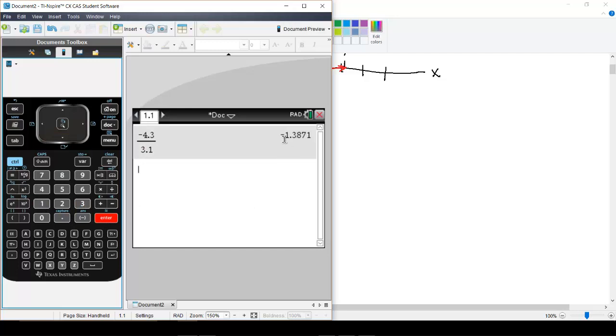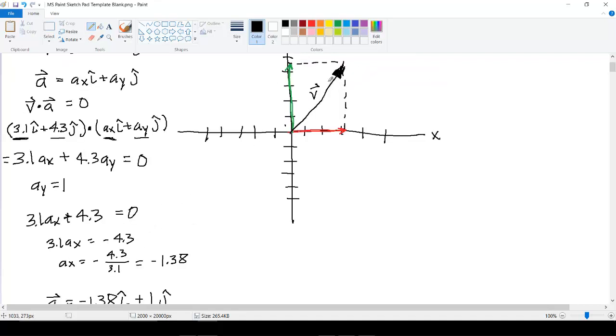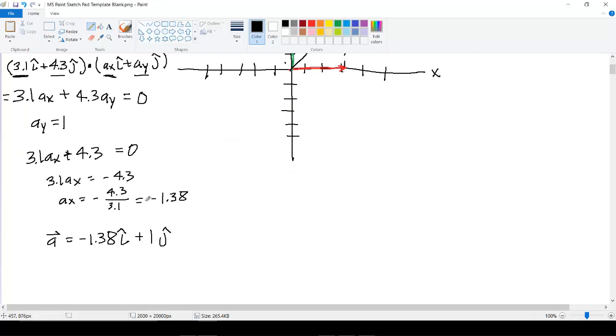It ends up being negative 1.38, and I'm going to leave it there. So our vector A is then equal to negative 1.38 i hat, because that was the x component, plus 1 j hat, which is what we chose for the y component. This vector should be perpendicular to vector v. Let's sketch it to see if it at least looks somewhat perpendicular. I want to be a little convincing here, at least.